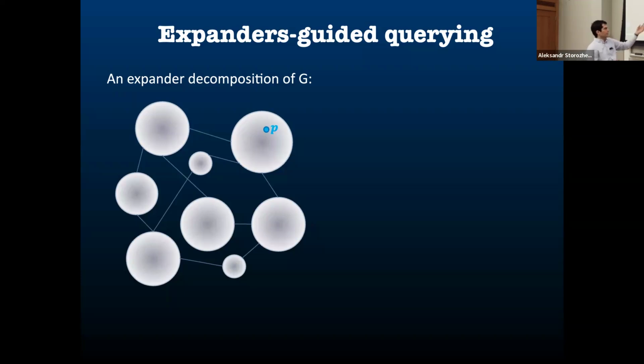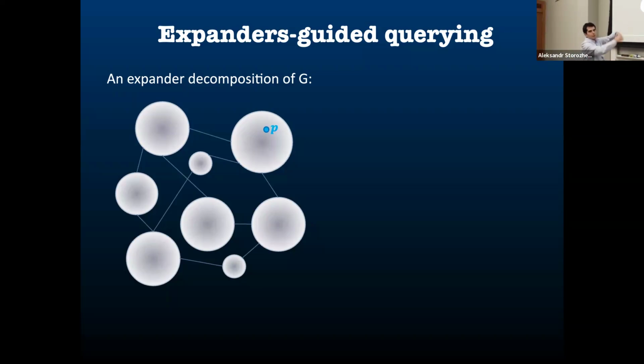I don't want to go into the details of the expander decomposition. Roughly, it decomposes your graph into some number of expanders, these well-connected graphs, with some parameter of expansion, and some sparse outer edges. The remainder is sparser. How sparse depends on the parameter of the decomposition.